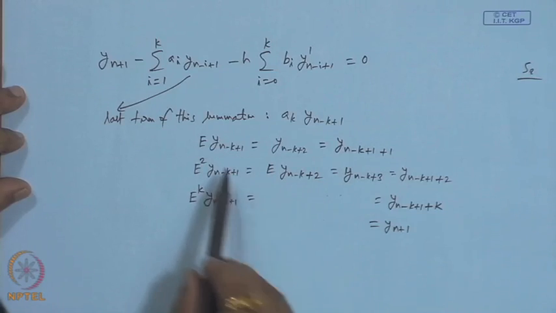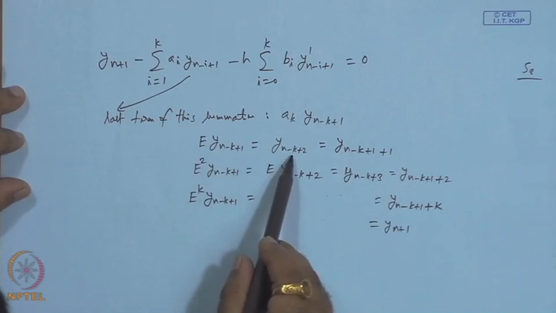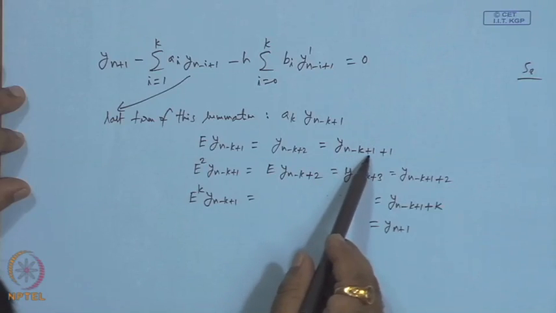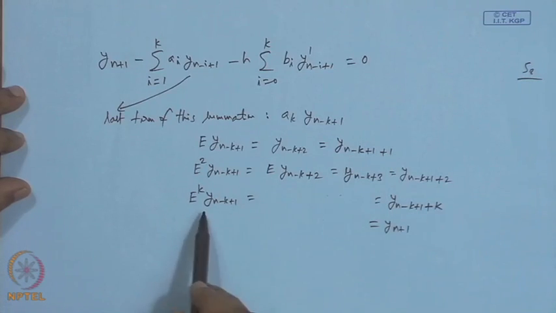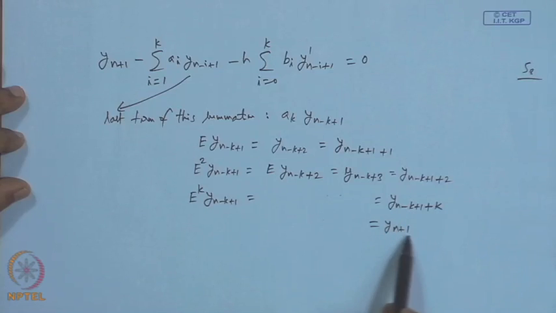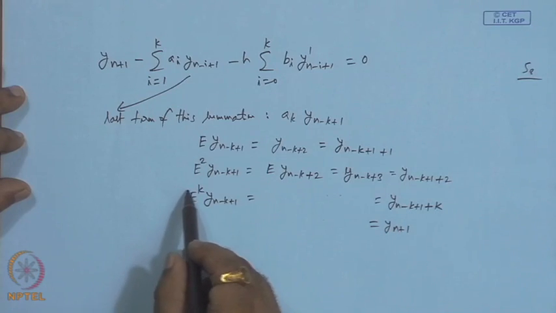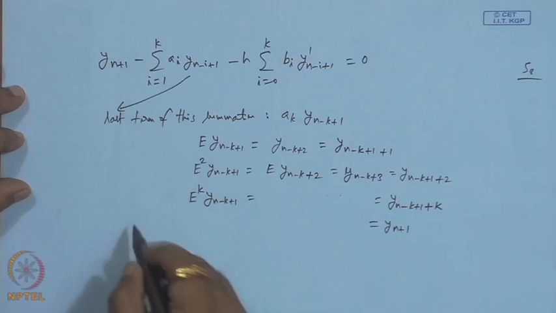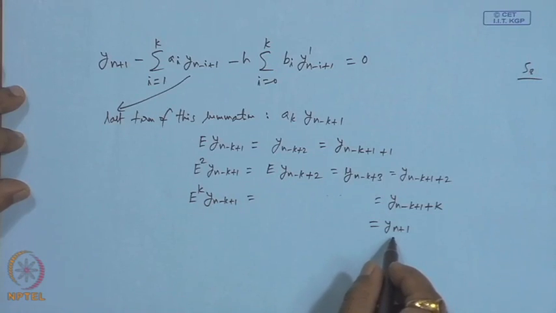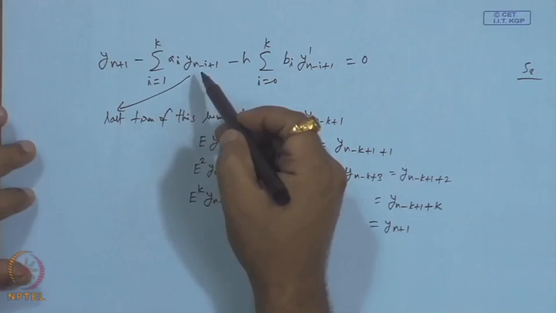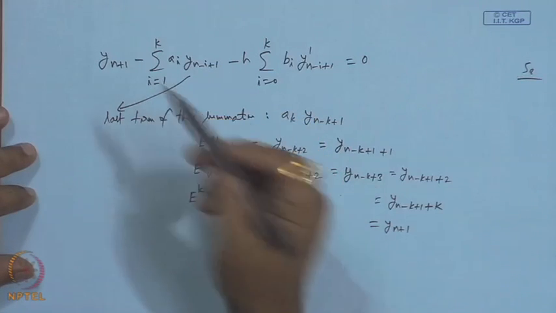You can work out: this is 1 forward, plus 2, so I am retaining this, it is plus 1, plus 2. So, E k will be plus k, so that gets cancelled. So, this relation, E k on y n minus k plus 1, is y n plus 1. This is the last term, then the last but one.